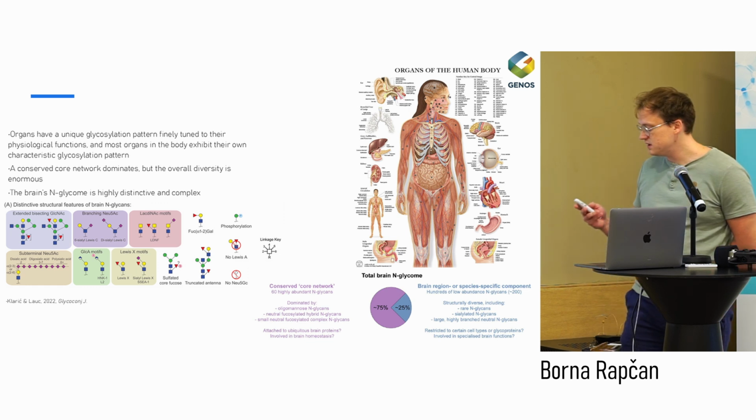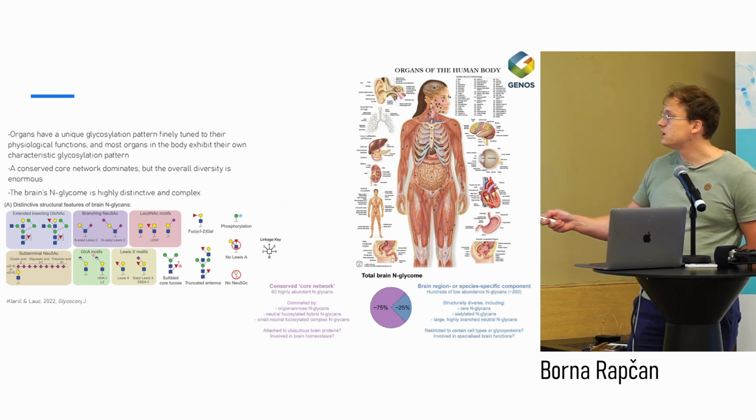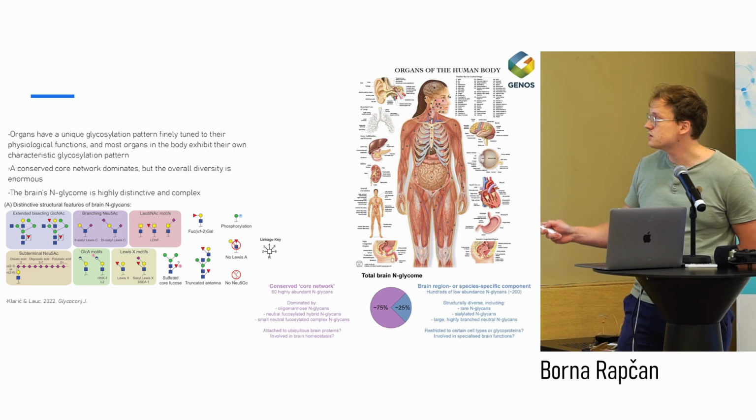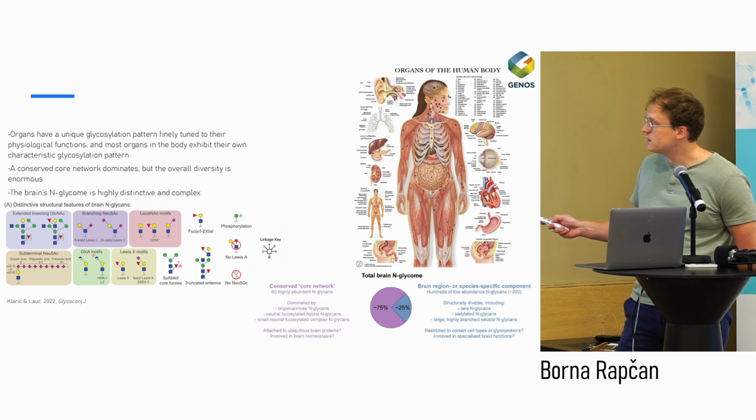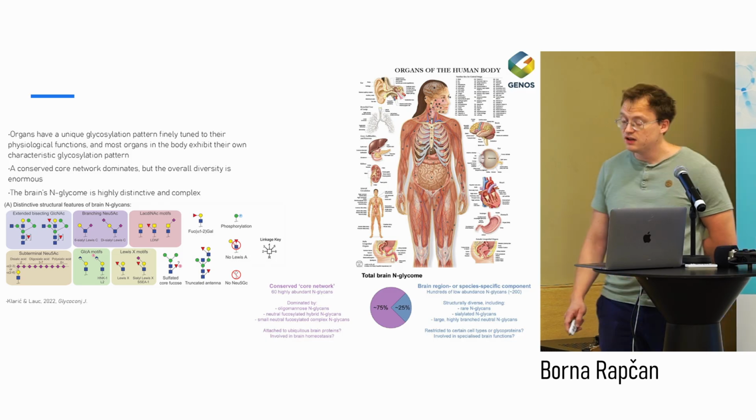So as we can see in this image here, the conserved core network makes up 75% of the total brain N-glycome, and the region-specific or species-specific glycans make up 25%, or 1/4 of the total brain N-glycome.